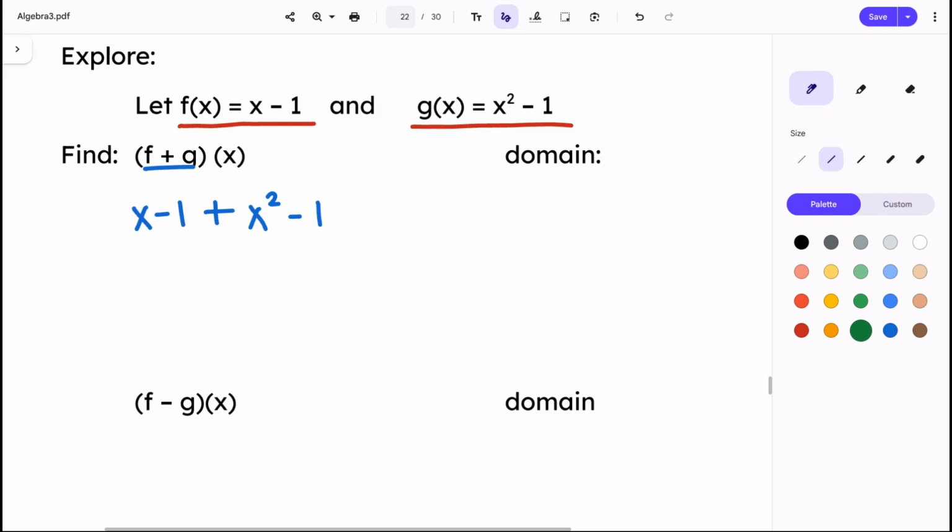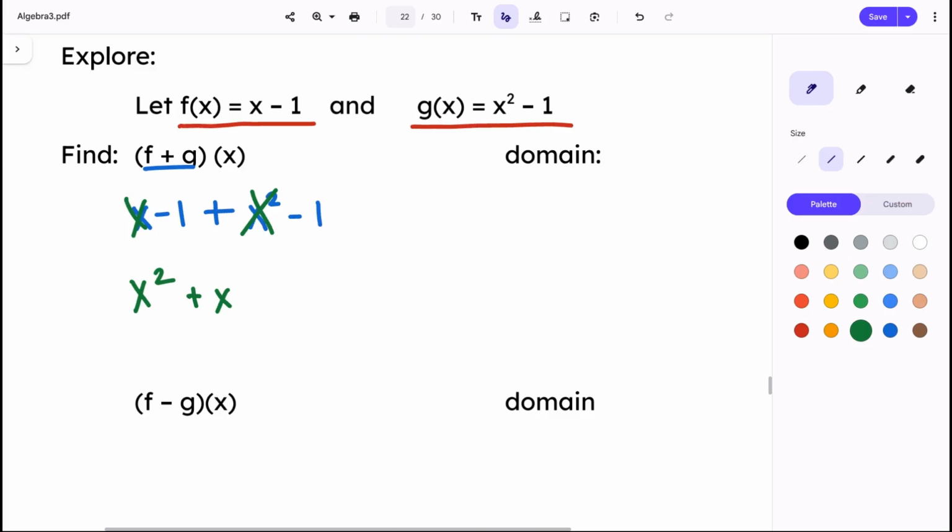And I always think about descending order. So I start with the largest exponent first. So I see an x squared. Is there any other x squareds that I could put with that one? No. So I have to just bring that one down. I see an x, but only one of those. So I'm going to bring down the x. What about the -1 and -1? Can you put those together?